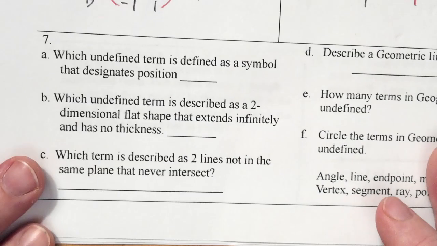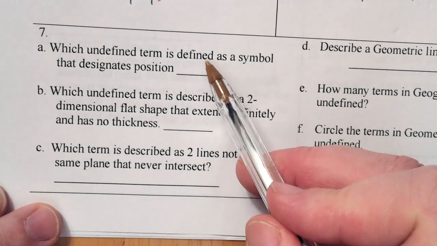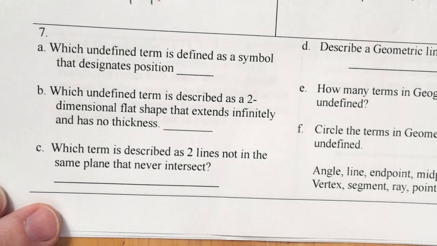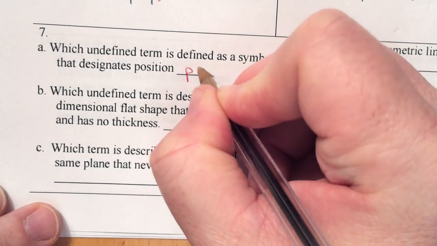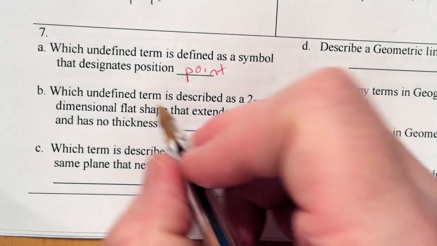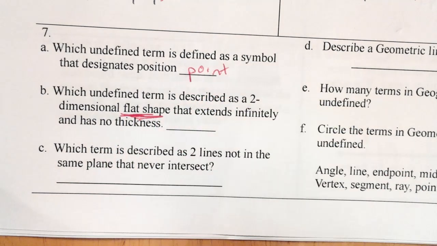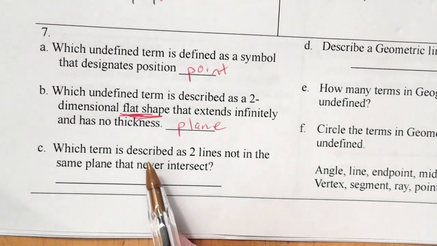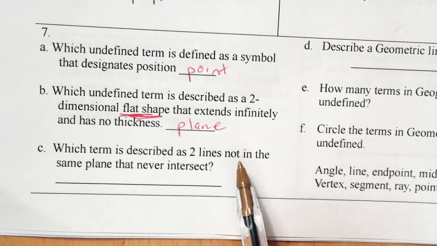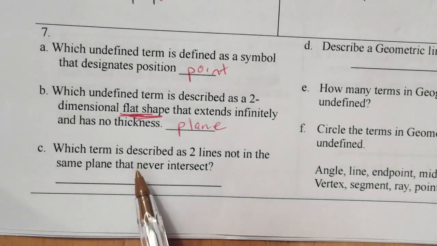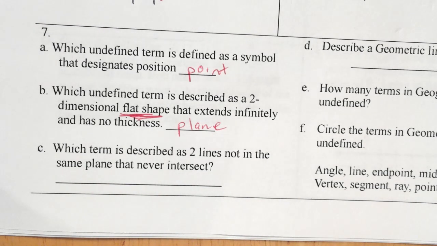Okay, let's see if we can figure this out. Which undefined term is defined as a symbol that designates position? That would be a point. Which undefined term is described as 2-dimensional flat space? They said a flat shape that extends infinitely. That is a plane. Which term is described as 2 lines not in the same plane that never intersect?